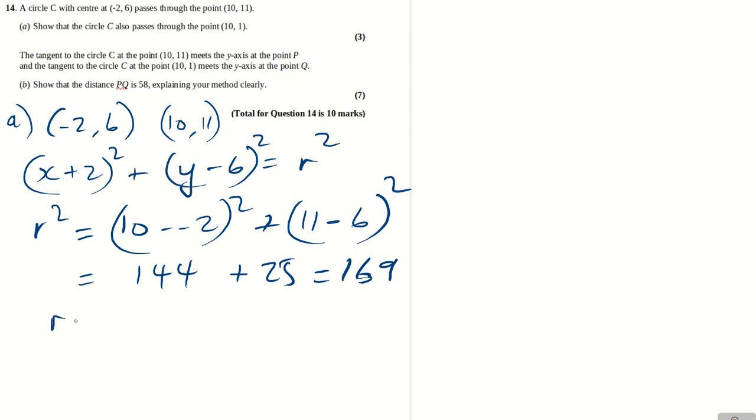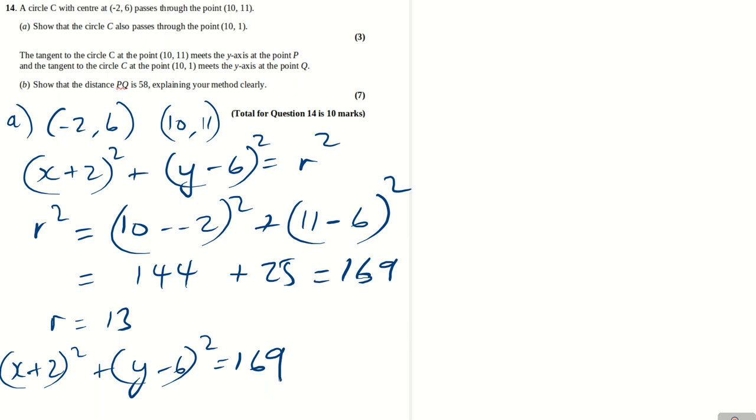So you know that r equals 13. And that tells us that the equation of the circle is going to be x plus 2 squared plus y minus 6 squared equals 13 squared, or in other words 169.